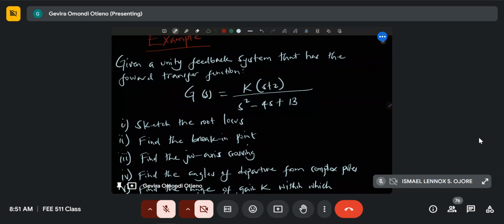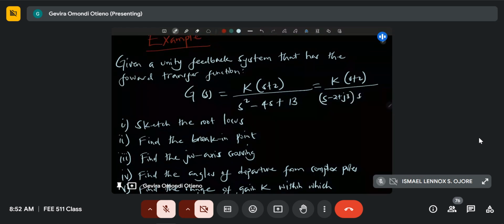Use your skill to find the roots of this equation. Use your calculator or whatever your skills are in maths to get the roots of this equation, which is S minus 2 plus j3, to maintain some consistency here.